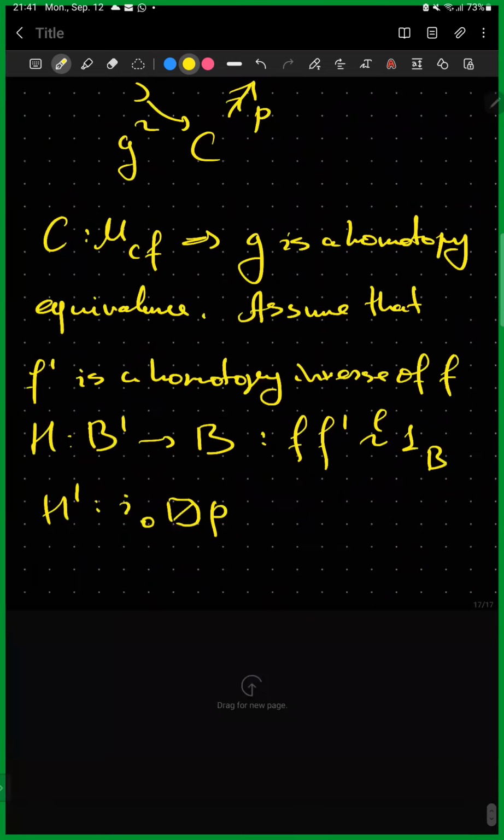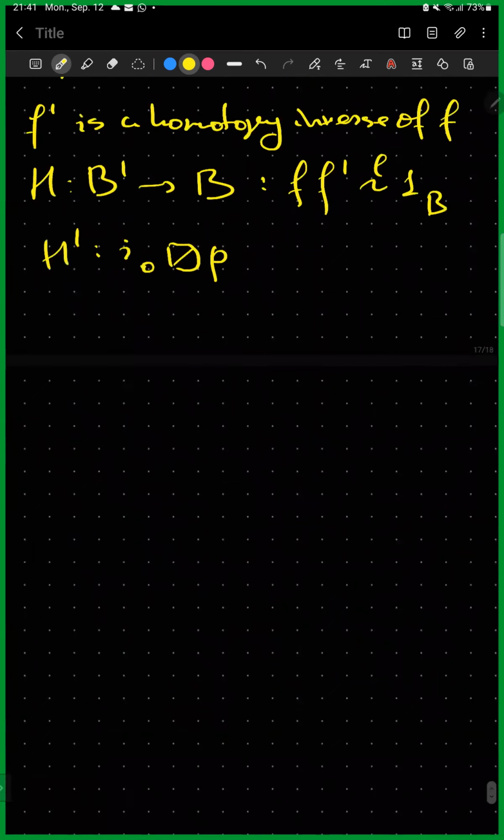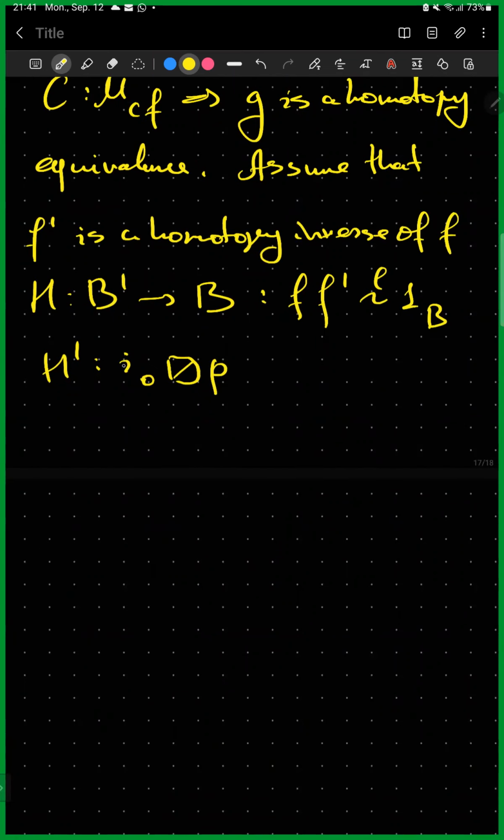So this is just a notation that this is the lift between these two maps.